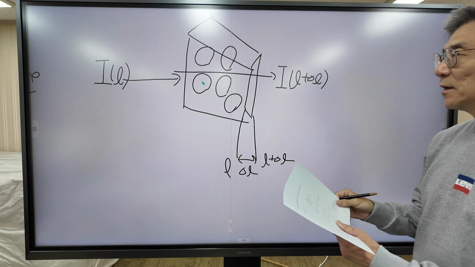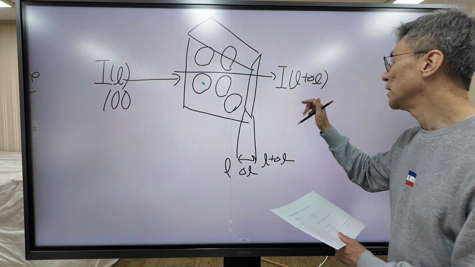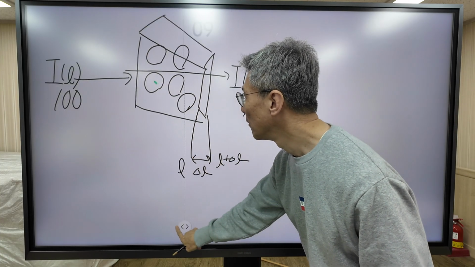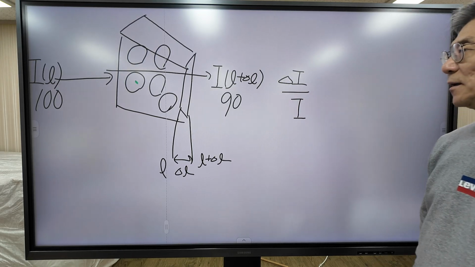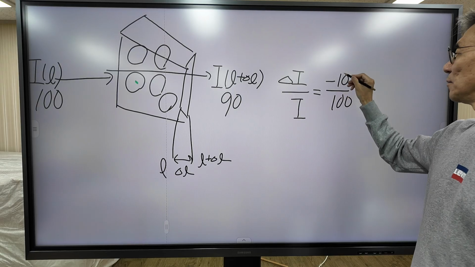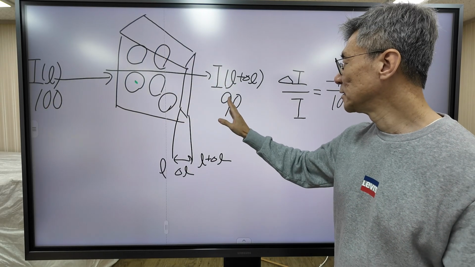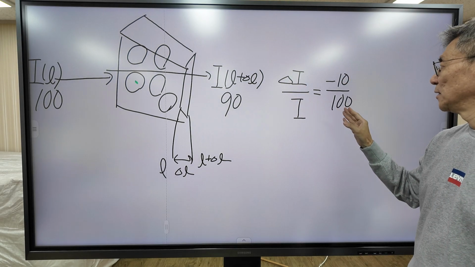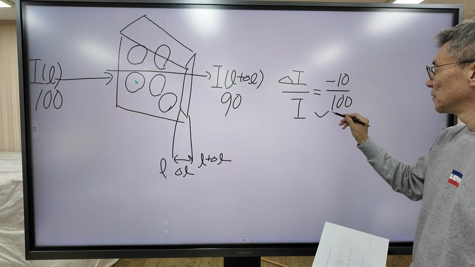Consider the light intensity at L is 100. The transmitted light is 90. Then what is the meaning of delta I over I? In this case, 100 minus 90 is 10. The initial intensity is 100. The transmitted intensity is 90. So delta I over I equals 10 over 100. What is the meaning of this one?